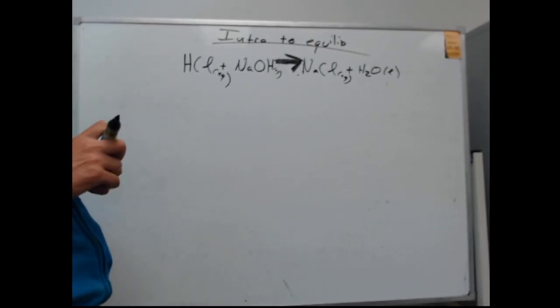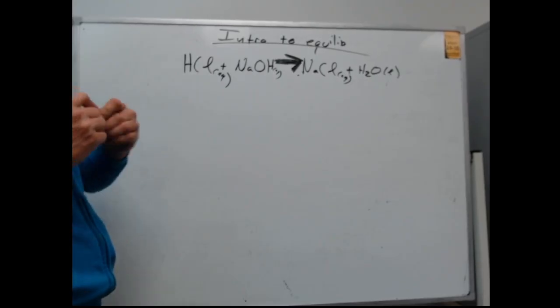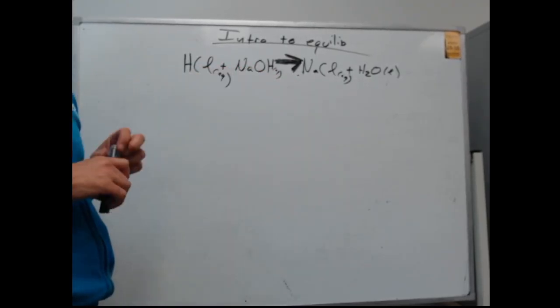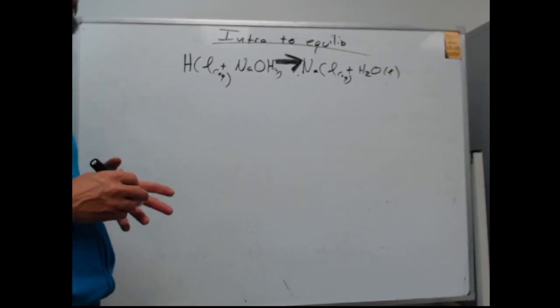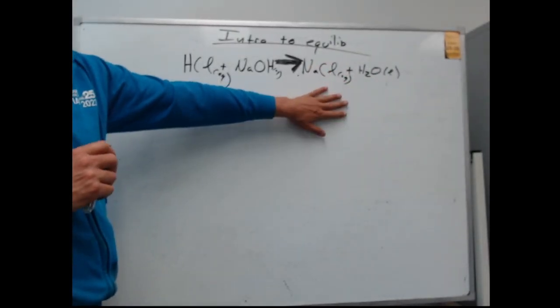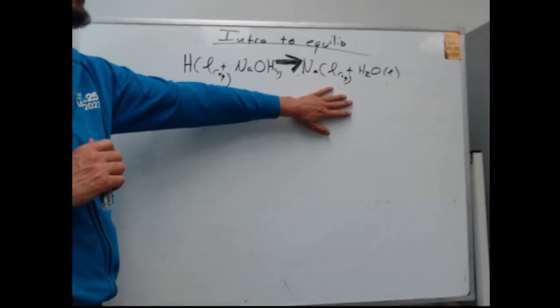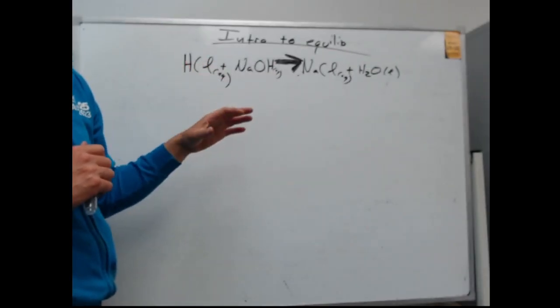And most of the reactions we've looked at, we haven't had to worry about this forward and backwards. We've only drawn the arrow forward, because up until this point, most of the reactions we've looked at have been these types of reactions that are so product favored. They're so product favored, we haven't worried about any balance between the products and reactants.